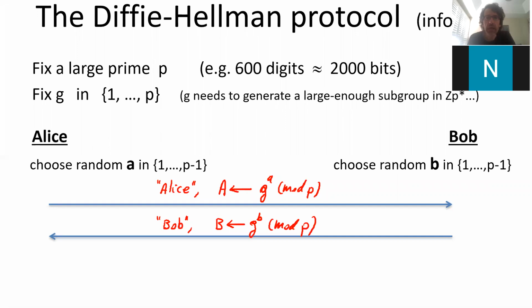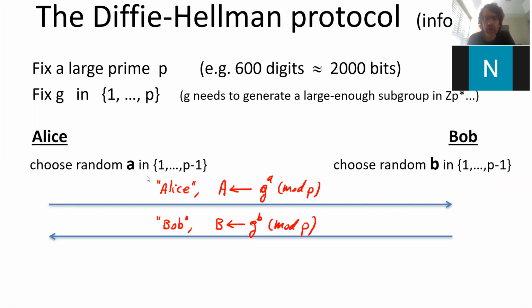Okay, and when you exponentiate G to the P minus 1, then you actually hit a 1. So it's like exponentiating G to the P minus 1 mod P. It's the same as exponentiating G to the 0. And if you exponentiate further, then you just cycle.